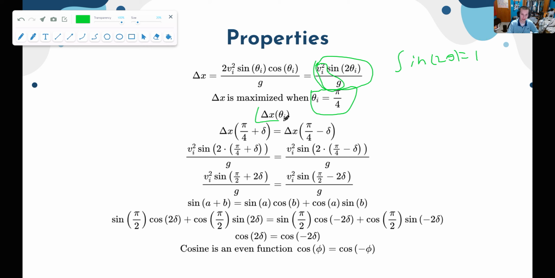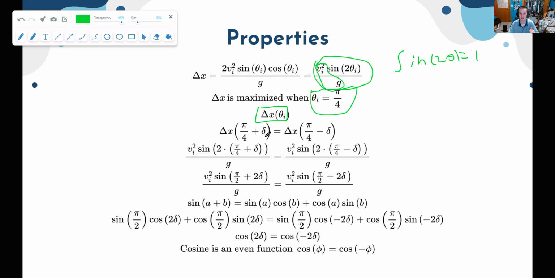So we're going to make our delta x a function of theta, okay? We're holding the initial velocity constant. We're holding g constant. We're not going to be changing those. And so what we're going to do is make x, we're going to do pi over 4 plus delta. So we're going from pi over 4 and adding some additional amount of angle.